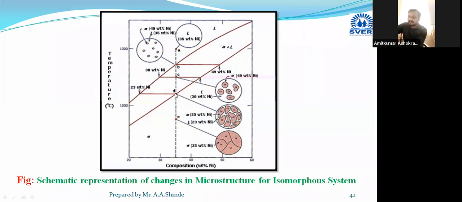And below this point D, whichever amount of liquid is remaining, all of it gets transformed to solid, meaning the solidification process completes when temperature falls below point D. And in the region from D up to room temperature, only solid will be there. So this is the explanation, and along with the regions, this is how you are going to write the explanation.